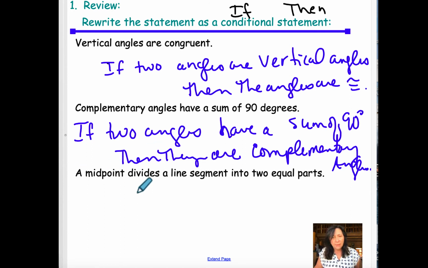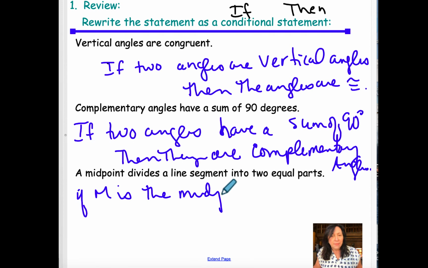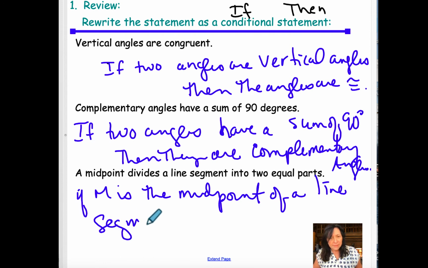This problem is saying a midpoint divides a line segment into two equal parts. If M, you could say it like this, is the midpoint of a line segment. You can even give it a name, AB.